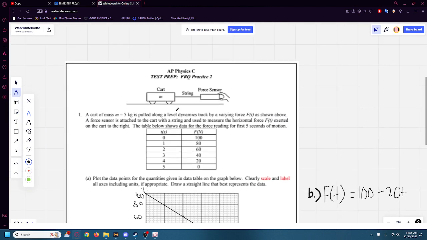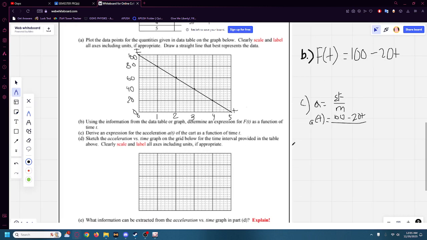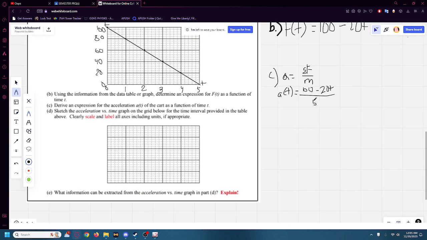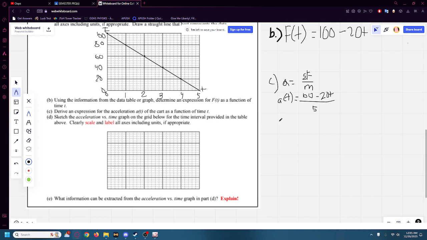You divide that by m, which is 5. So a of t is equal to 20 minus 4t.